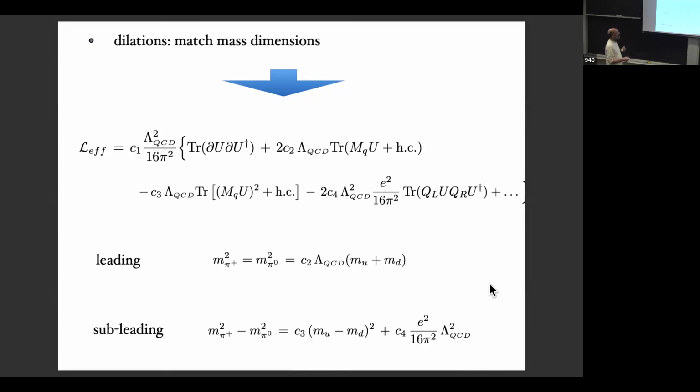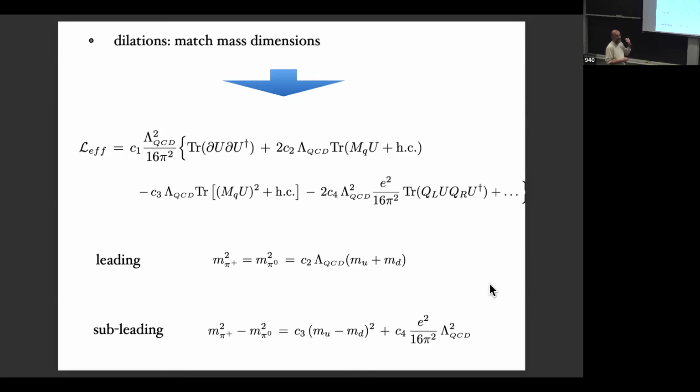So one way you can argue is this. In the ideal limit where electromagnetism is as strong as the QCD, then the effective electromagnetism should be of the same order as the genuine QCD effects. They should show no suppression. So what is the limit where electromagnetism is strongly coupled?